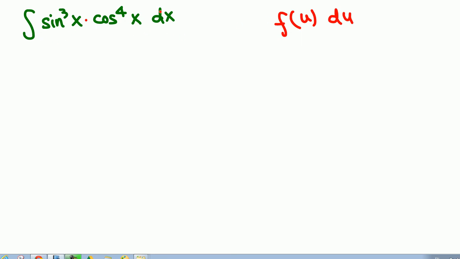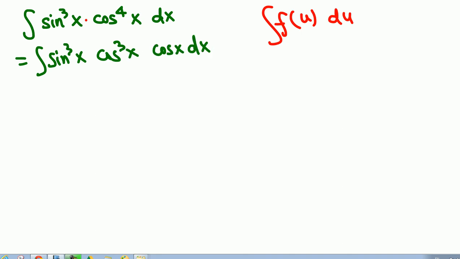So we want to convert everything in terms of a single function of sine or cosine and some part as derivative of that. Okay, so let's try to split one factor from cosine fourth, maybe sine cube. Let's try first in this way. Sine cube x is there, cosine fourth x, let's write in this way, cosine cube and 1 cosine.